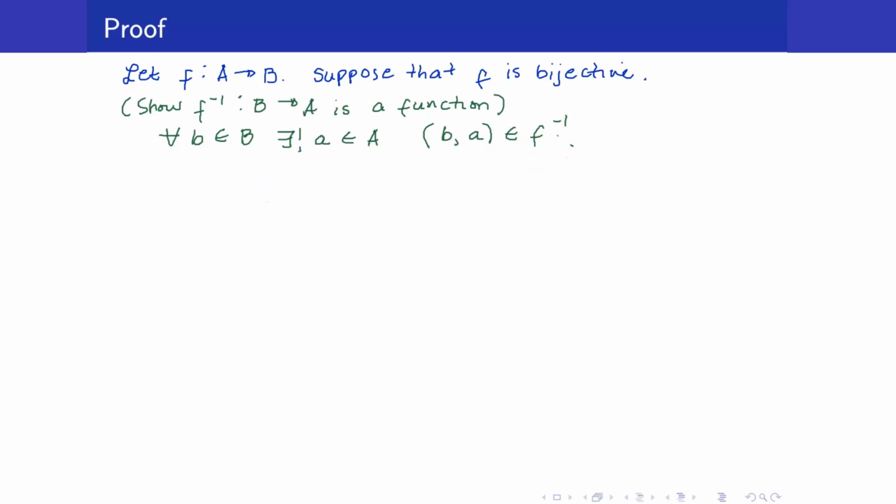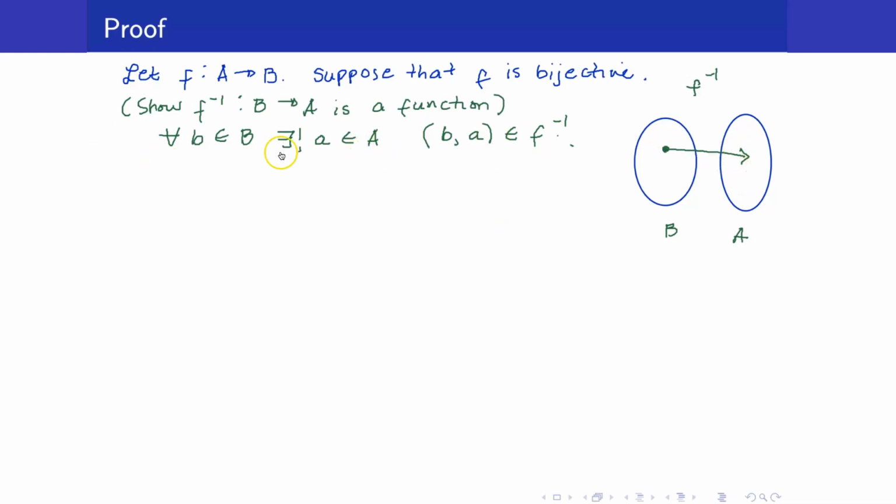What are we doing here? So remember the definition of a function. Your f inverse is from B to A, correct? So therefore, that is why when we get an element here in B, we want to show that this goes to exactly one element in A.